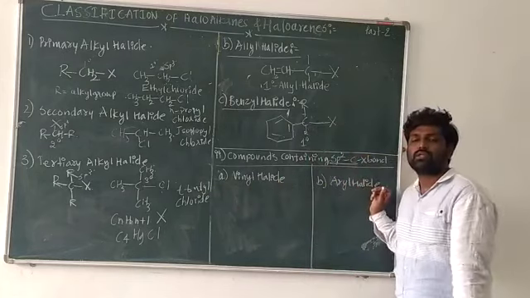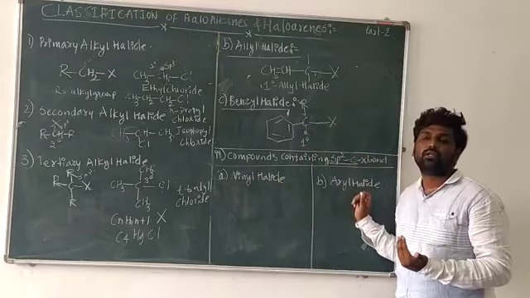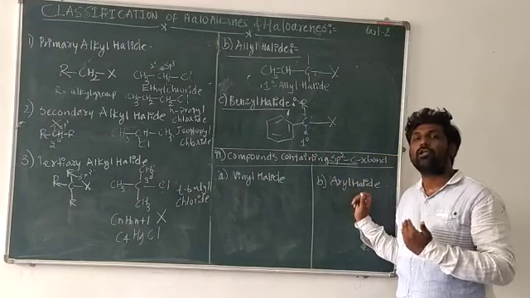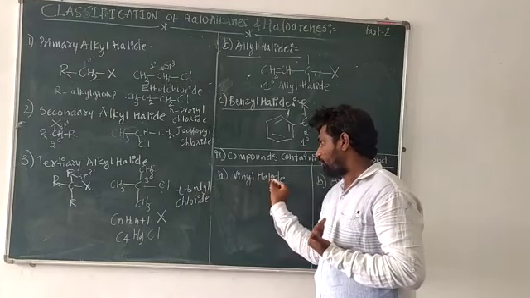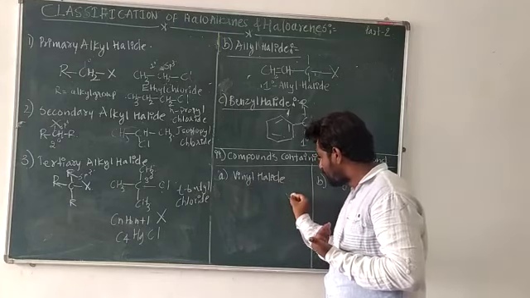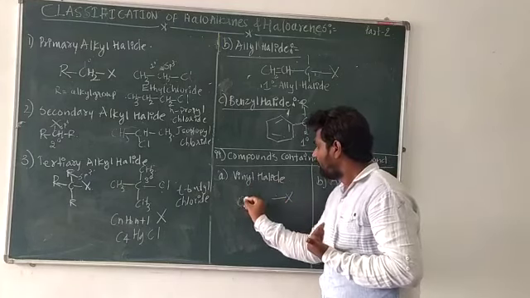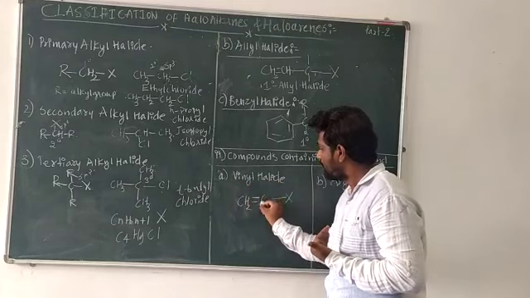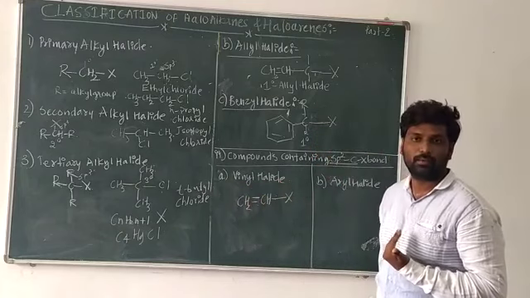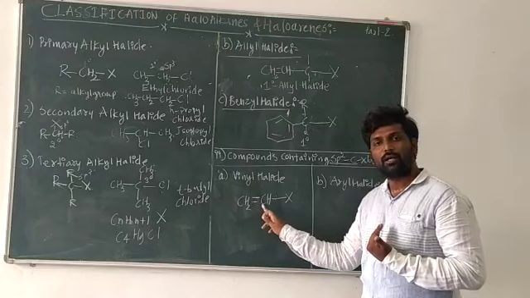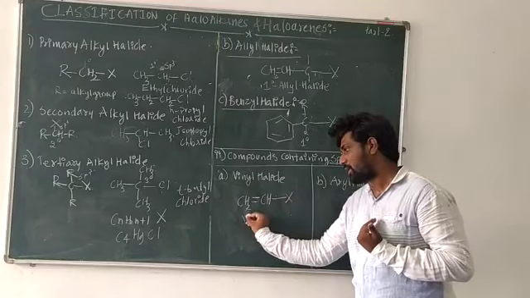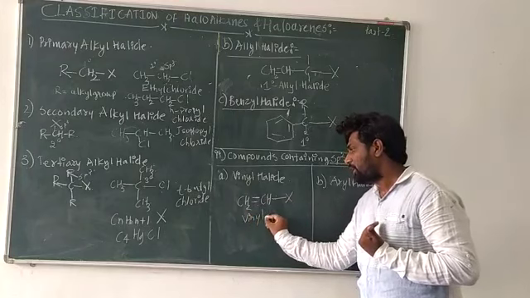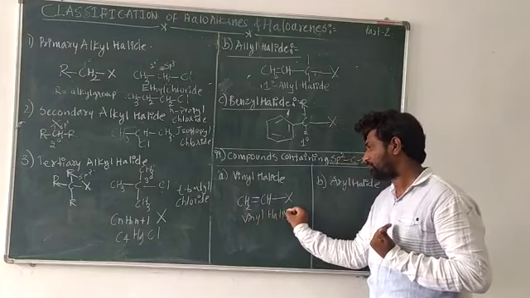These names we are using for the nomenclature of compounds according to the common system. In a vinyl halide, the halogen is bonded to the carbon atom which is doubly bonded with the other carbon atom. Look at here, the carbon-carbon double bond where the halogen is directly bonded to it. So this is the example of vinyl halide.